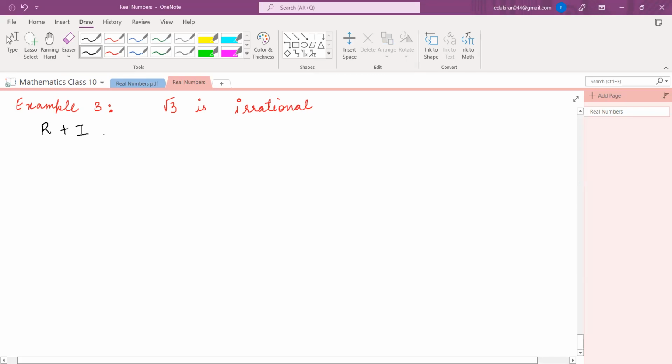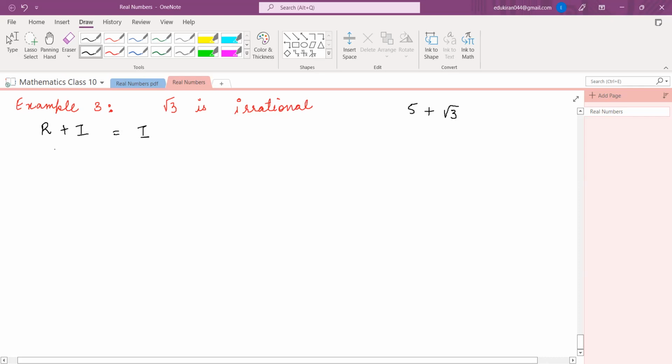Irrational. You can just convert it into numbers. Let's say you have 5 plus root 3. So obviously it will remain 5 plus root 3. You cannot add 5 into root 3, right? So it's an irrational number.